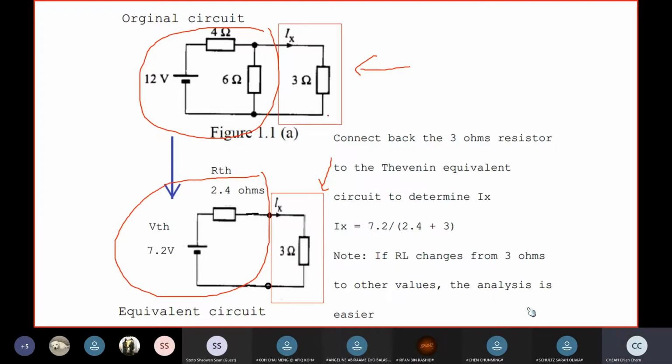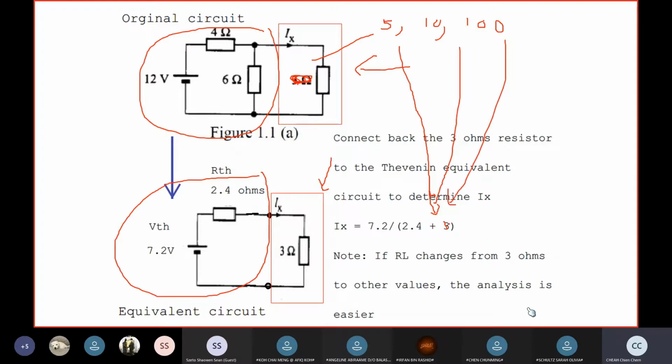For example, if I say that I analyze the current I for 5 ohms, 10 ohms, 100 ohms, you can see that I need not do it 3 times again. I just replace this by whatever value I have over here, and I can easily find my IX.